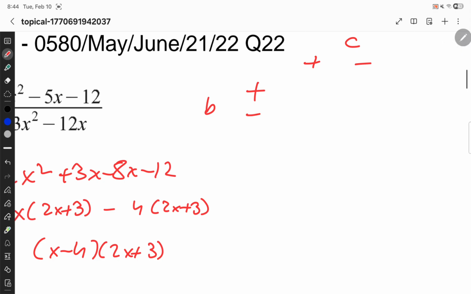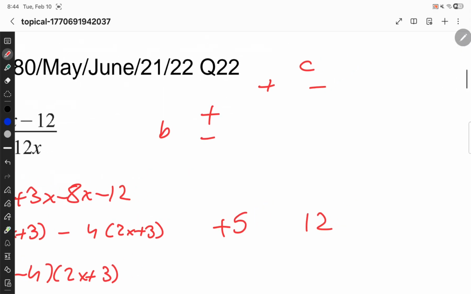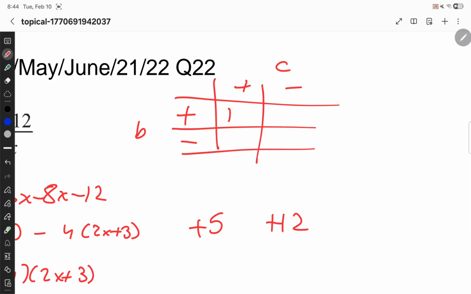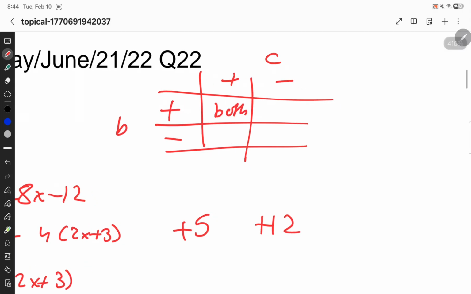If we have positive 5, positive 12, then both rows will be positive.